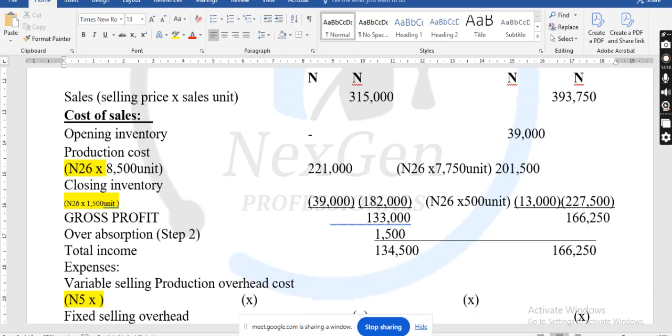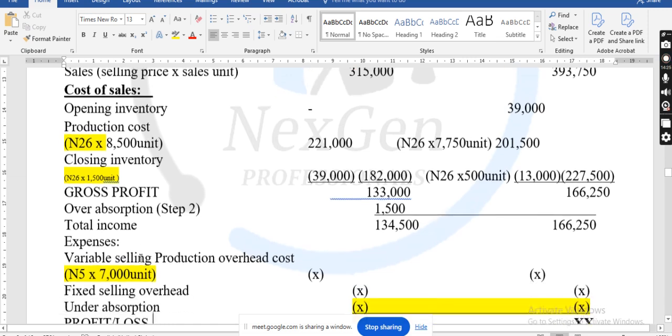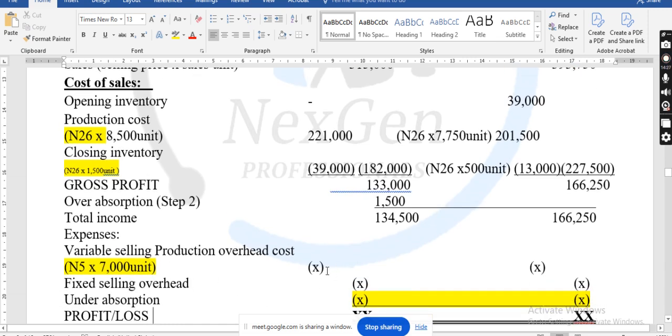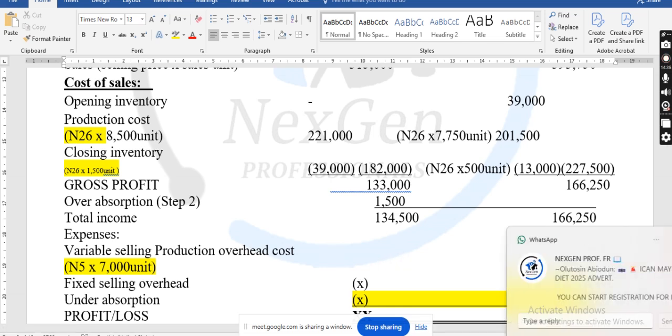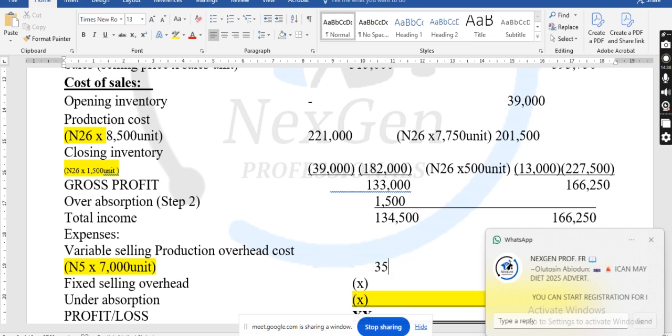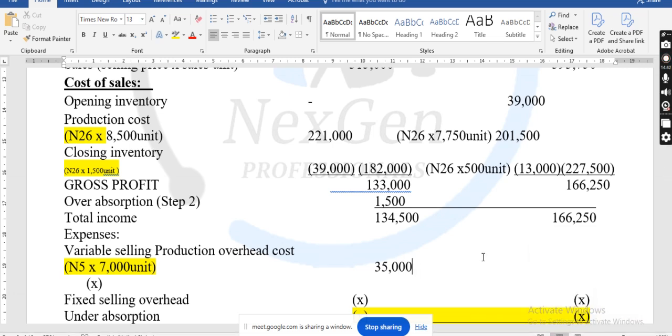Okay, please, someone else should confirm that. Correct. So we move on. Please multiply. Let's quickly get our variable selling for January. What do we have? 35,000. Okay, thank you.